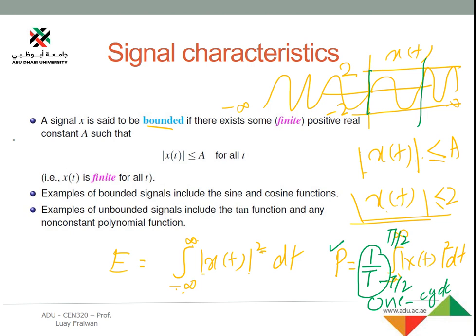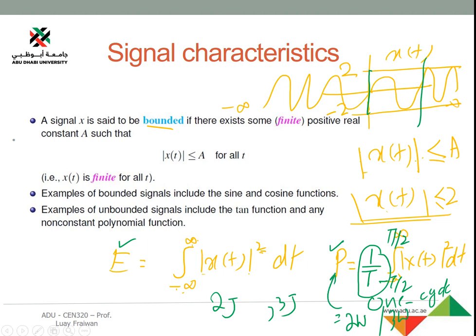If we can calculate the energy and it has some specific value, for example 2 joules, 3 joules, our signal will be an energy signal. And if it has a power of, for example, 2 watts, 3 watts, that will be our power signal.